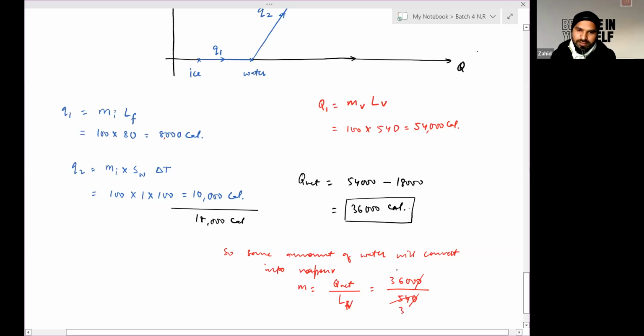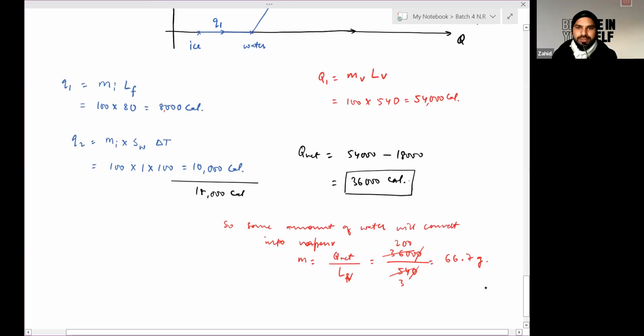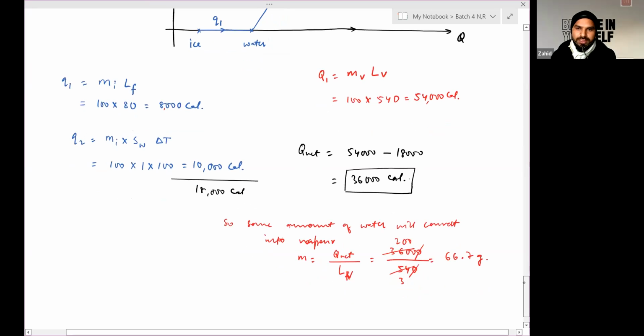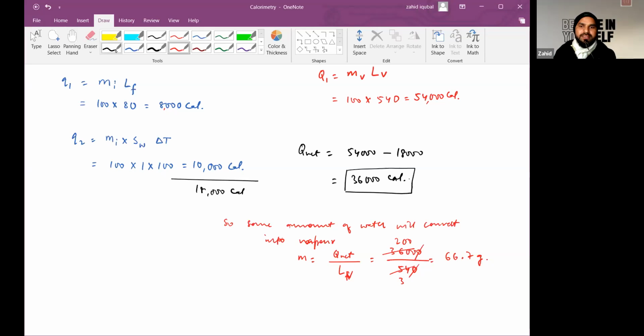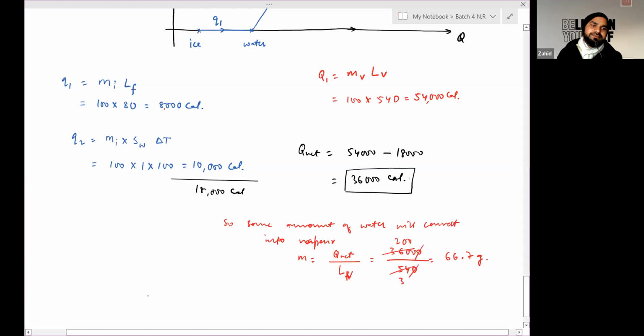So it will be 66.7 gram. In total, we have 100 gram plus 100 gram, 200 gram of water. Now, from that part, 66.7 gram will convert into steam and we're left with the remaining water.